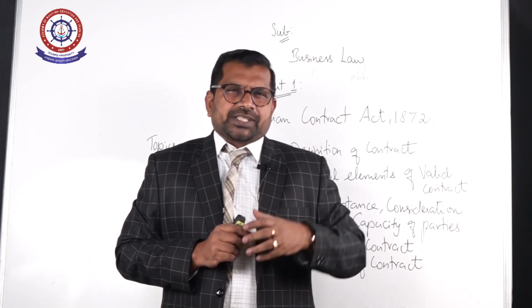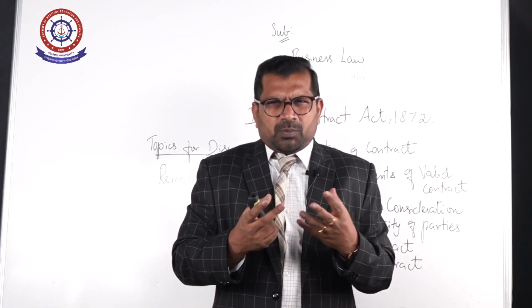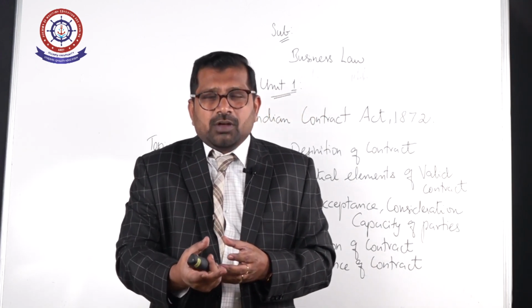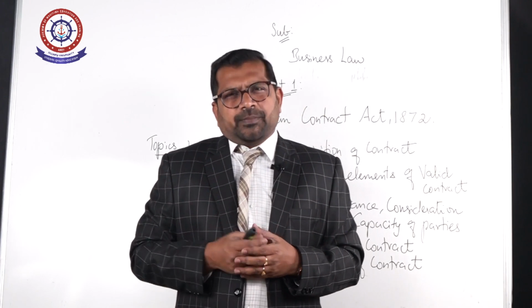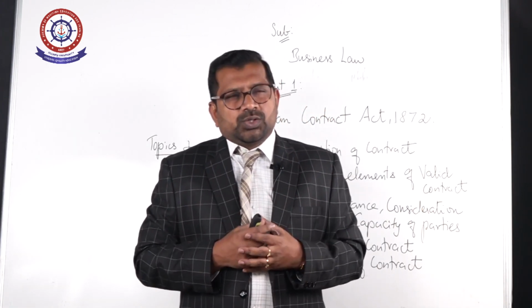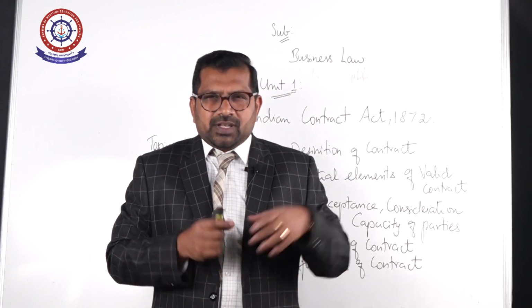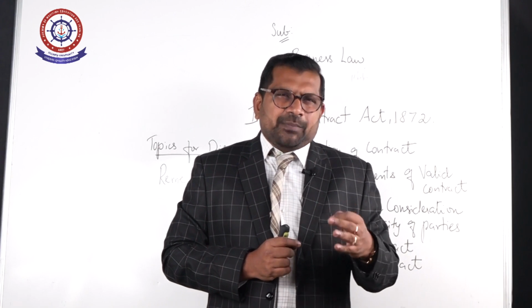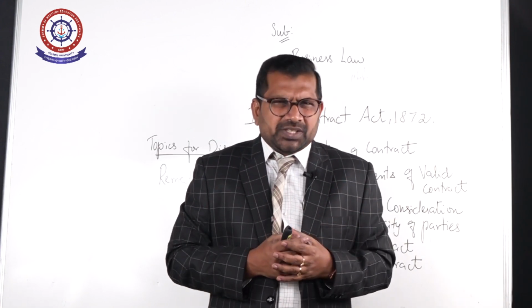Second one is damages. Damages means monetary compensation which the court allows to the injured party for loss or injury. So two things, either loss or injuries suffered as a result of breach of contract, called damages. But there are various types of damages.